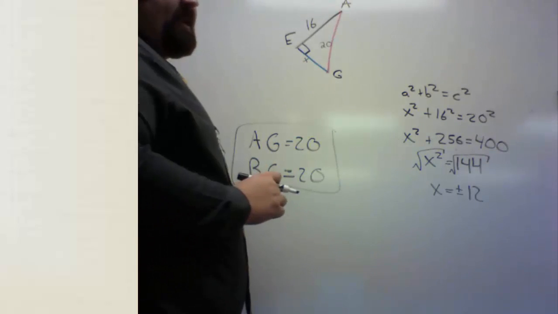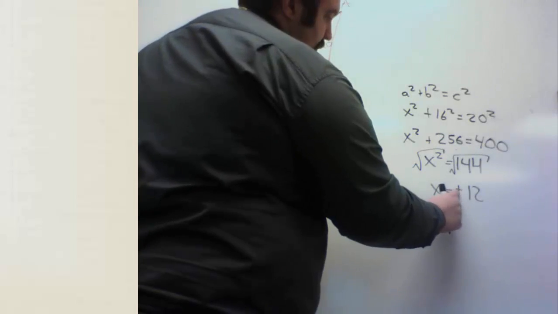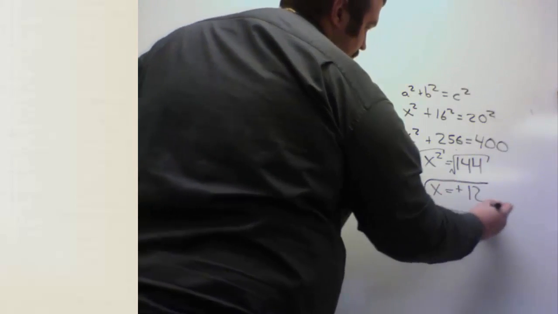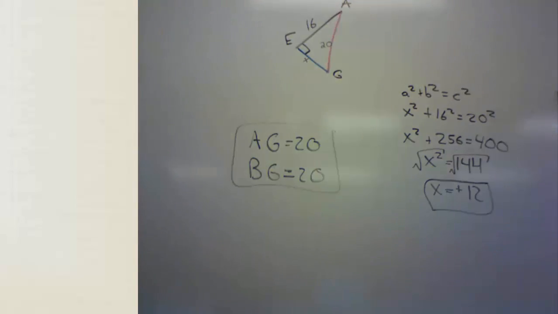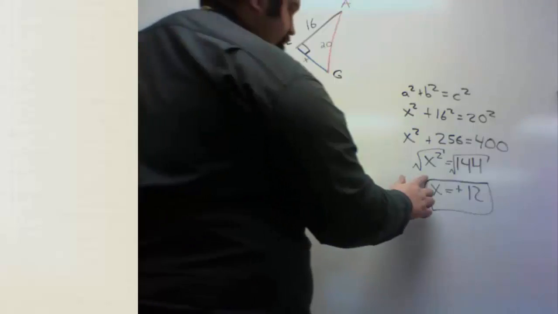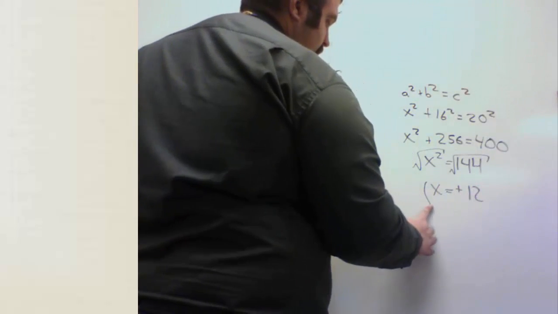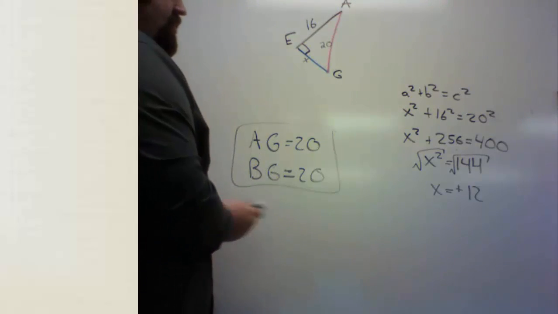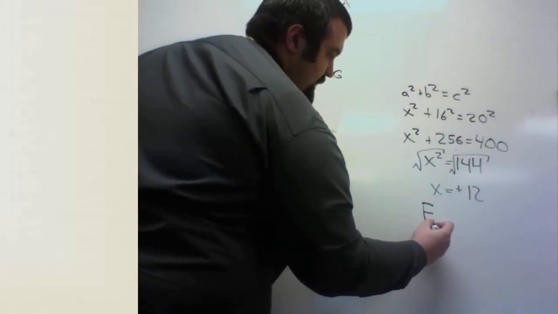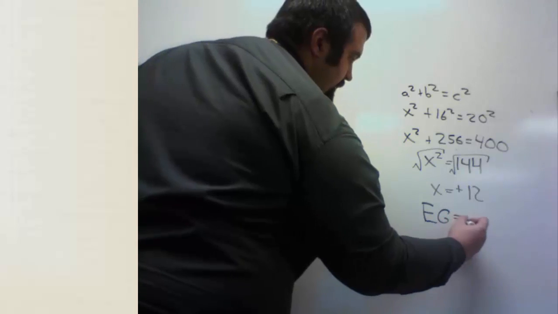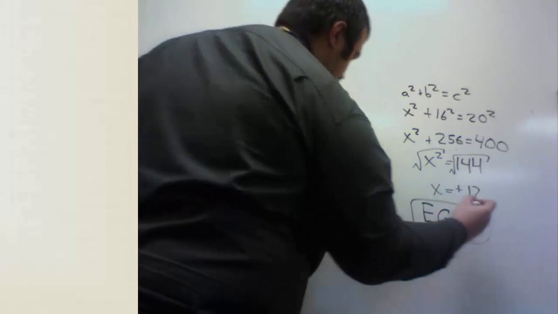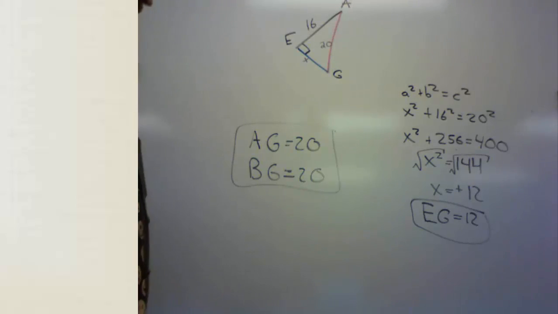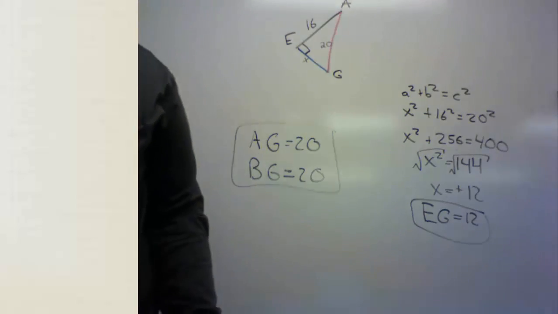However, a length can never be negative, so positive 12 is the only reasonable answer. Ooh, why did I box that up? I found x, but I was looking for the length of segment EG. And there you go. Problem is done.